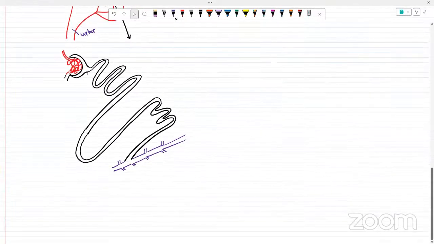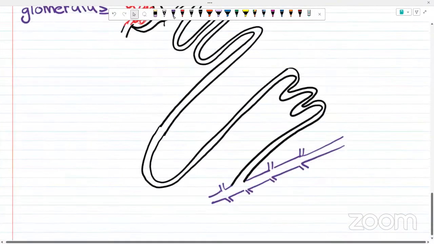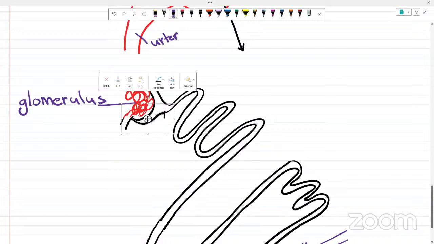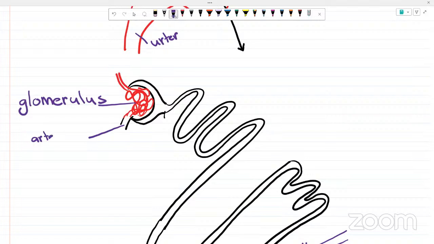Okay, let me put the labels. So this part is called the glomerulus. And this is called an arteriole, where the blood gets into the glomerulus. This is also another arteriole, where the blood gets out of the glomerulus.